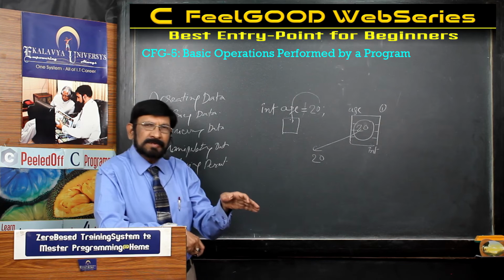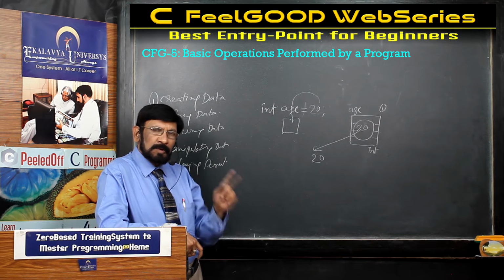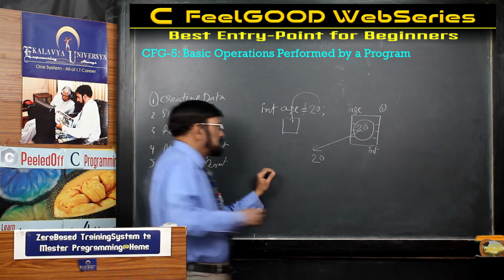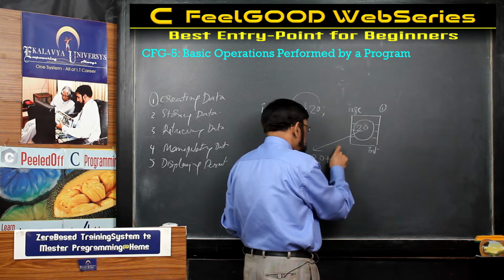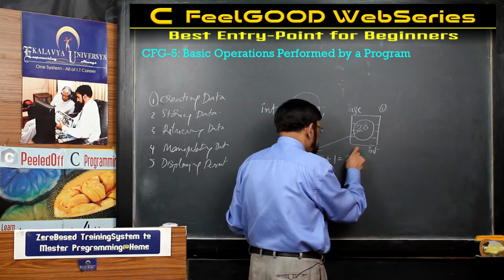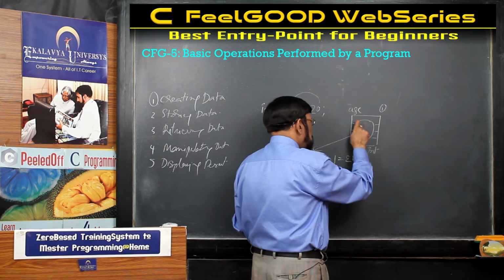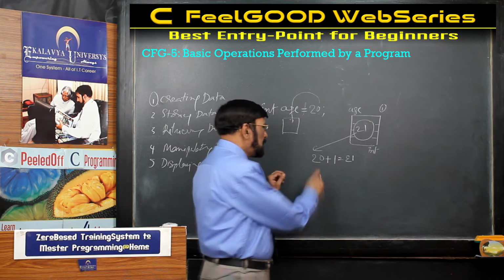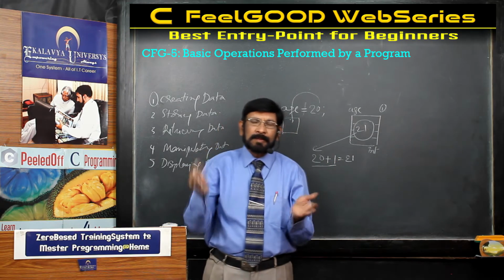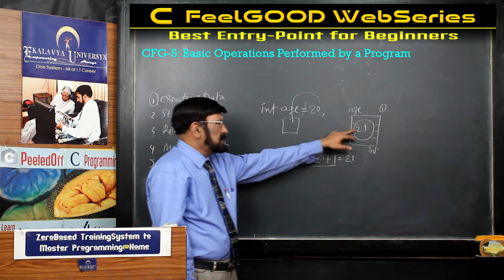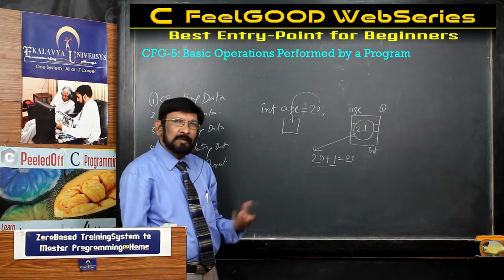Manipulate means performing some operations. Today his age is increased by 1. So then what happened? You have to add 1. Then 21. So 20 is replaced by 21. This is called manipulation; manipulation means performing operations. Then 1 is added and it is again stored in the memory. How can you see that?